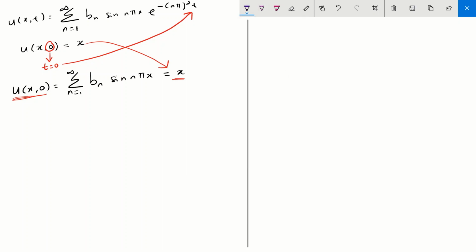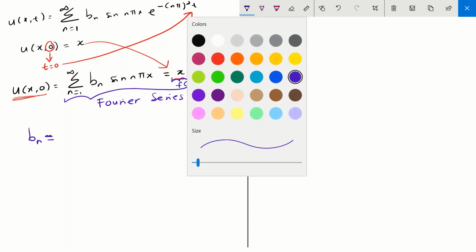Now, this is a familiar equation, where you have seen this in the Fourier series chapter. In order to find bn, this x is actually the f(x). Therefore bn, we're going to use the Fourier sine series. Why Fourier sine series?